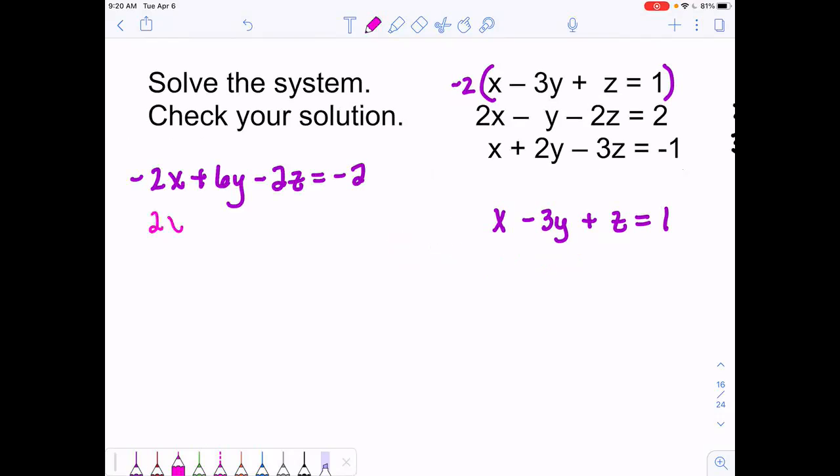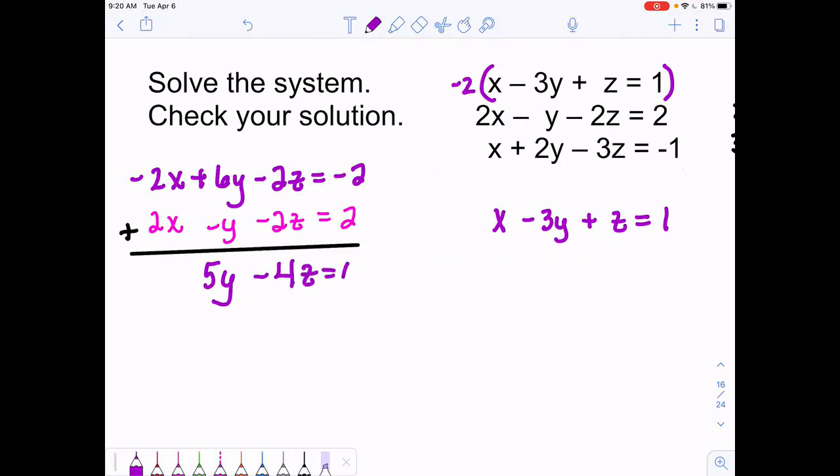And then we are keeping 2x minus y minus 2z equals 2. And Kaden, if we add those two equations together, what is your resulting equation? So I'm going to write that underneath my first original equation. So we're taking out equation 2 and rewriting it with my resulting equation.